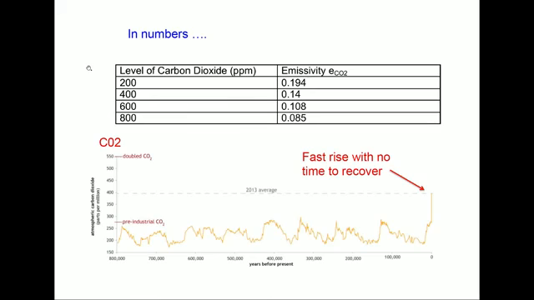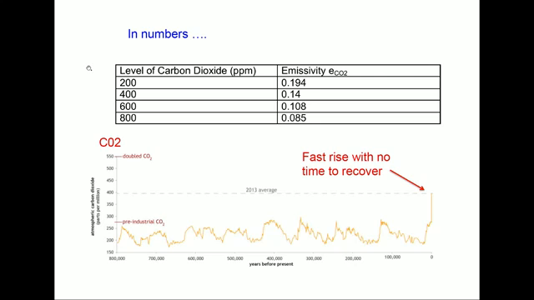Just to show you a little bit more, in numbers, the emissivity, the amount of heat radiated back to the Earth, depends upon methane, carbon dioxide, water vapour, and a few other things. The contribution due to carbon dioxide is something you can go and measure. It's a scientific thing that you can go and do. As the carbon dioxide increases, the emissivity definitely decreases.